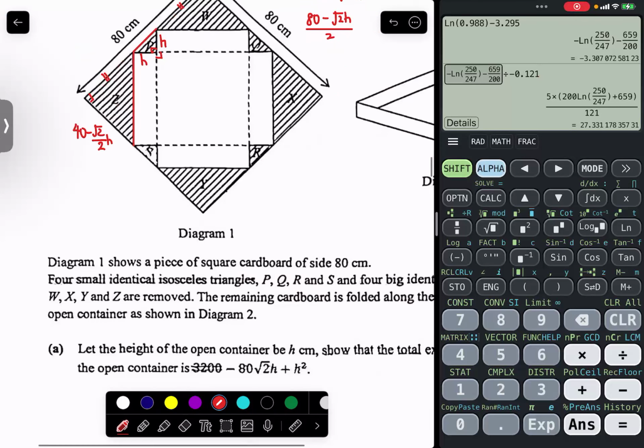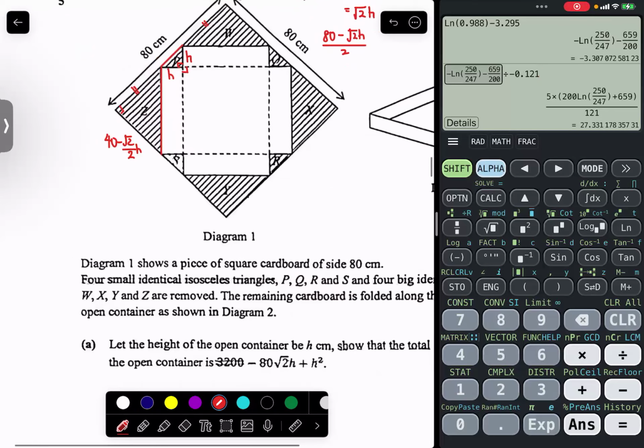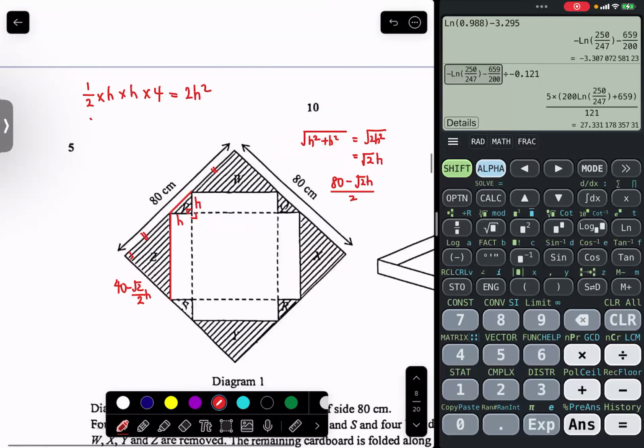Right? And then we have half times (40 minus square root 2 over 2 h) squared times 4 as well.